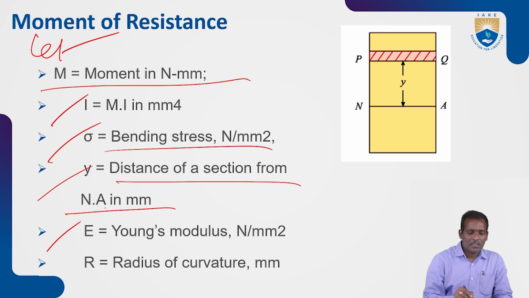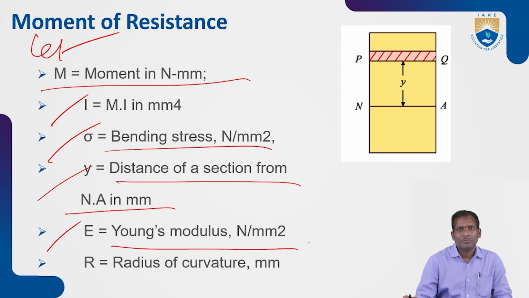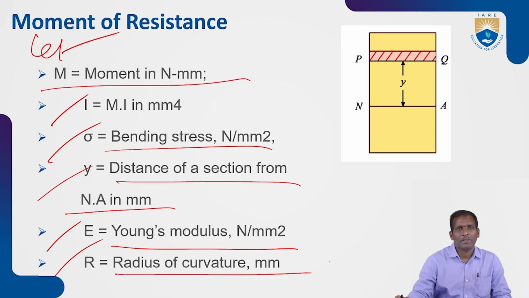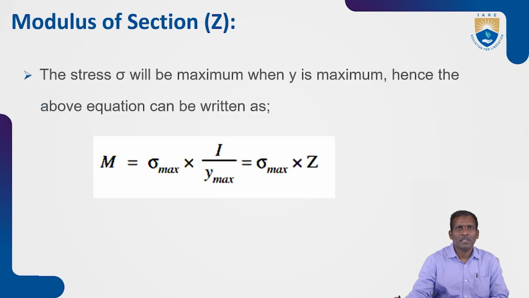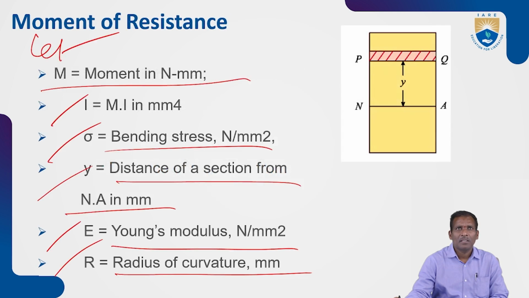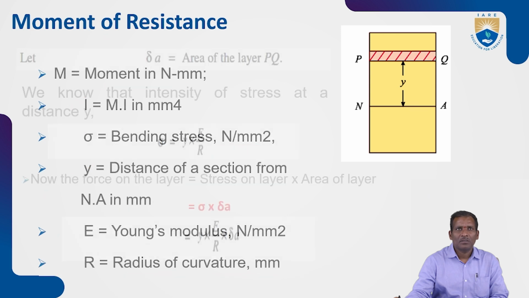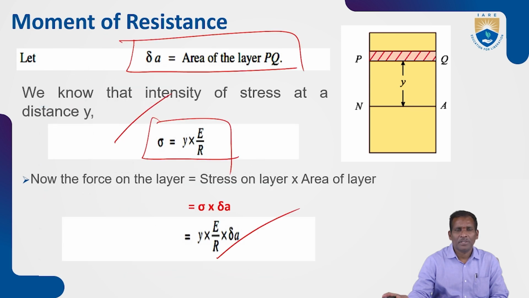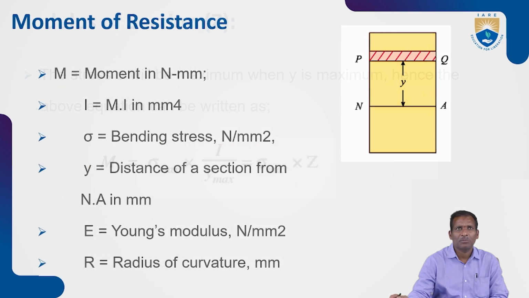E is Young's modulus in Newton per mm square, and R is the radius of curvature. So now write down the equation. The moment of resistance definition is completed.